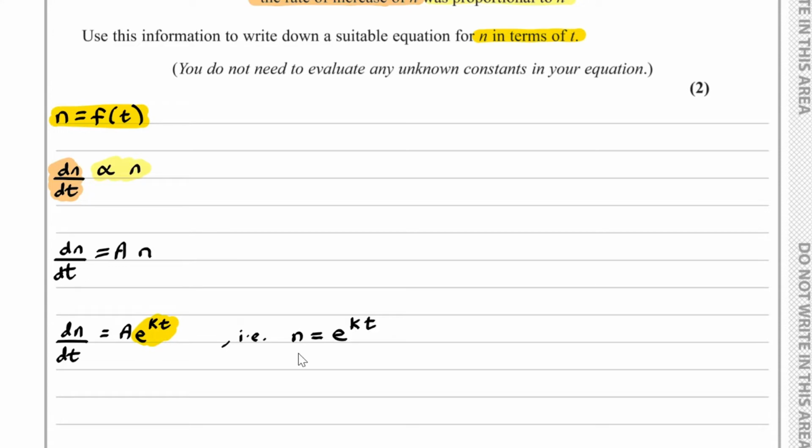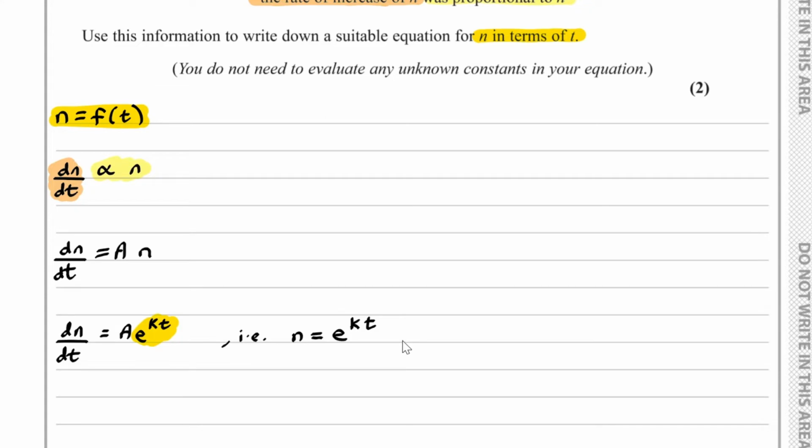What I mean by this is, when I differentiate this, I still get the function e to the power of kt, of course adjusting for the constants. But the important thing to notice over here is that when I differentiate n, I still get n. And the only function that works for this is e to the power of kt.